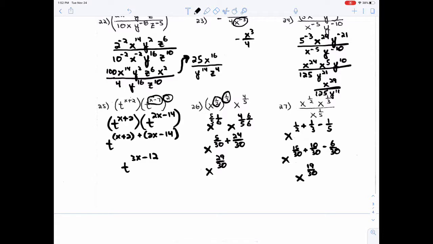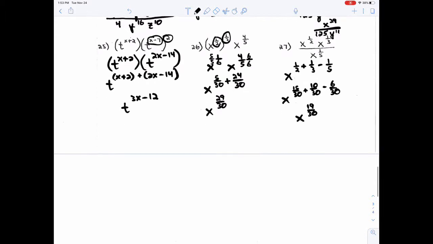Again, the main thing I want to emphasize is that something has to be the same. And whatever's the same, you don't change it. You keep it the same. You combine the things that are not the same. And then the bottom here, 25, 26, and 27, no matter how bizarre the problem looks, you do the same thing. It doesn't matter. It's like saying this.